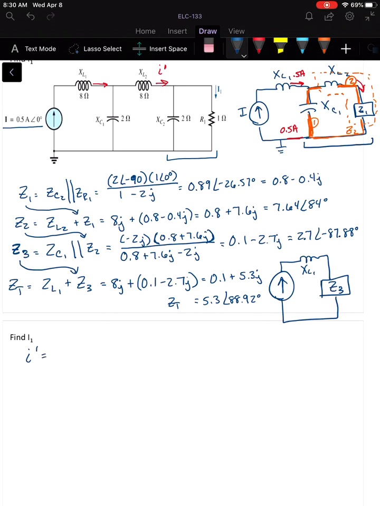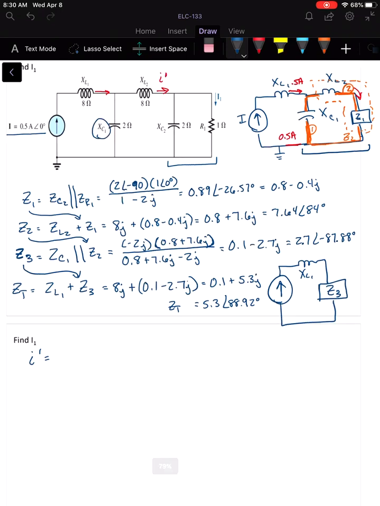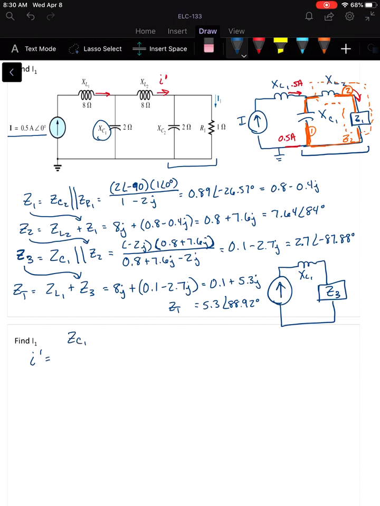For the current divider rule, I'm going to use the equation where if we're looking for the branch current over here, then I'm going to look at this ZC1 on the top, and then the sum of ZC1 plus my Z2.